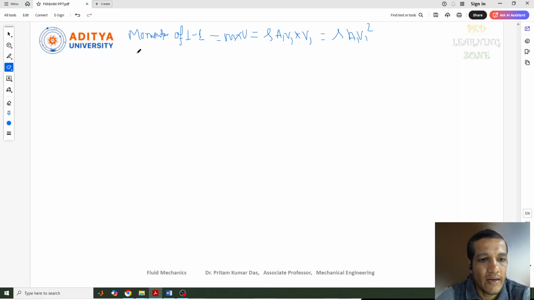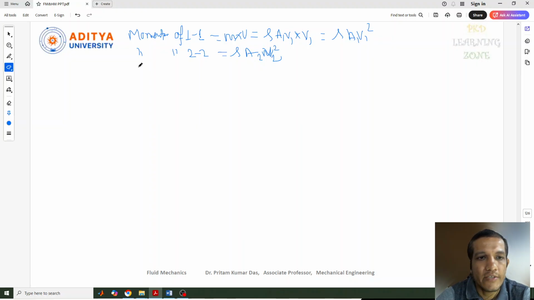Similarly, the momentum of the liquid per second at section 2 is rho a2 v2 square.